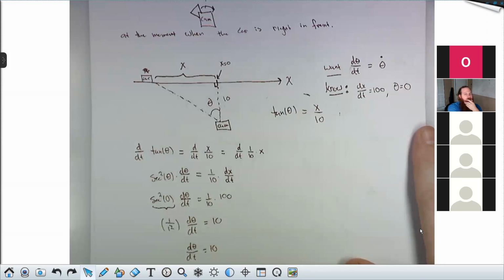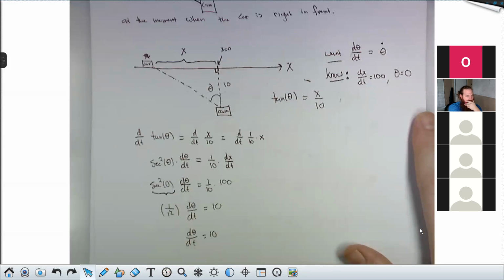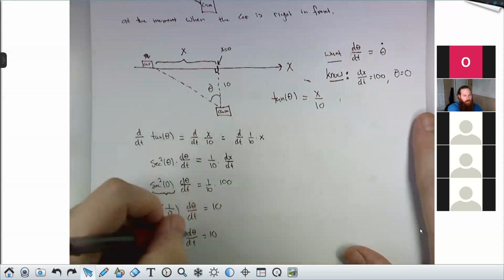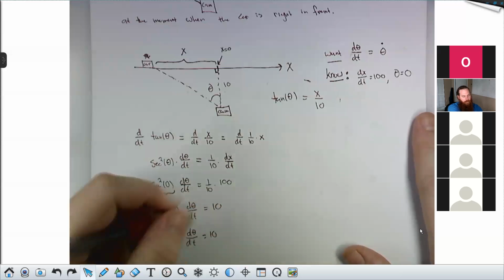What are the units here? Feet per second squared. Not quite. So this is radians over seconds. Radians, so it's definitely radians over time, right?